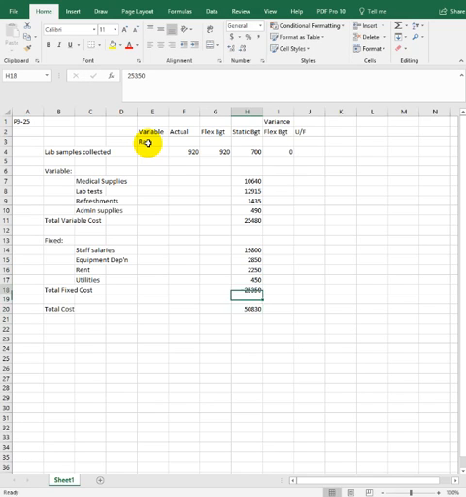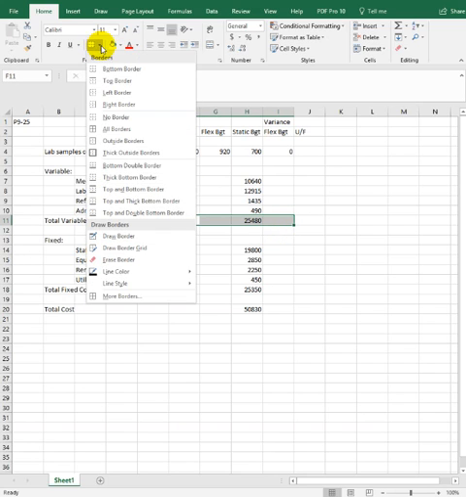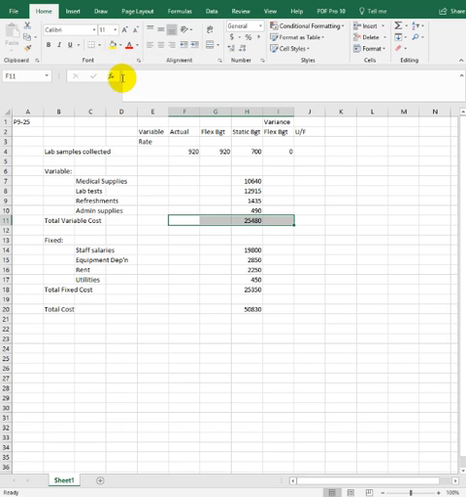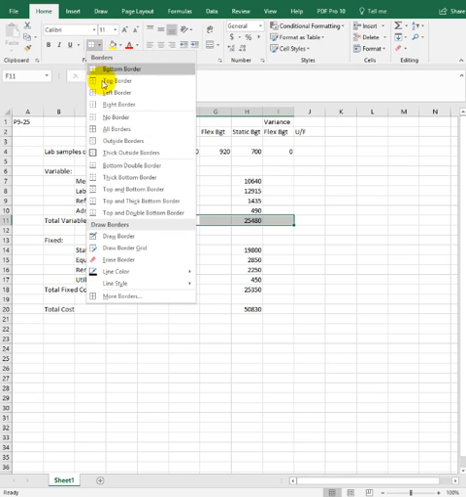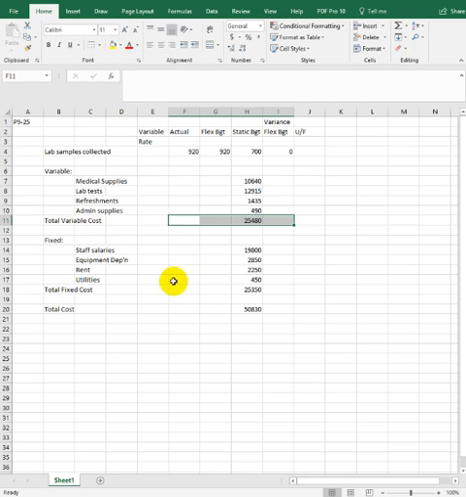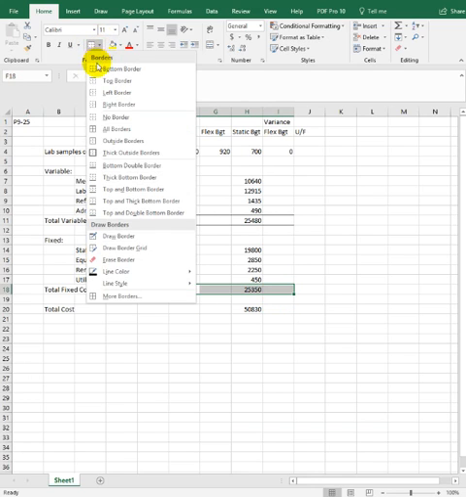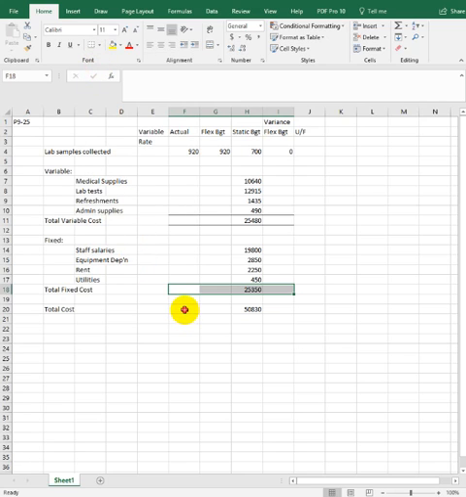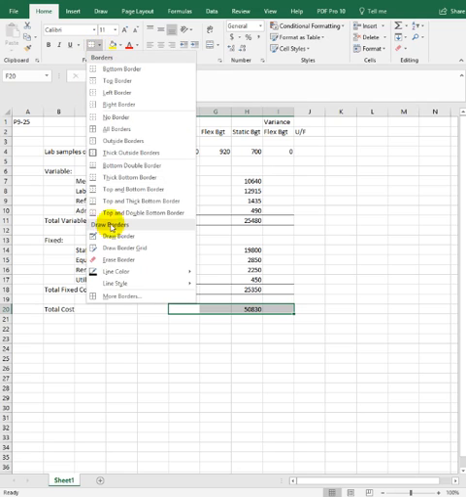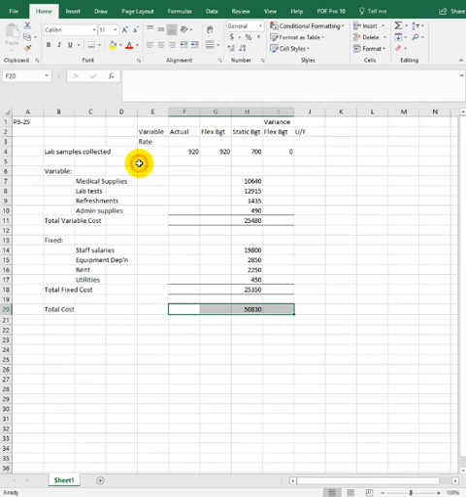Of course, in our accounting way of doing things, we usually put a couple of lines in here to indicate subtotals, and we'll do it again here. Top border, then a bottom border, and here we just want the double underline because that's total costs, so a bottom double border.